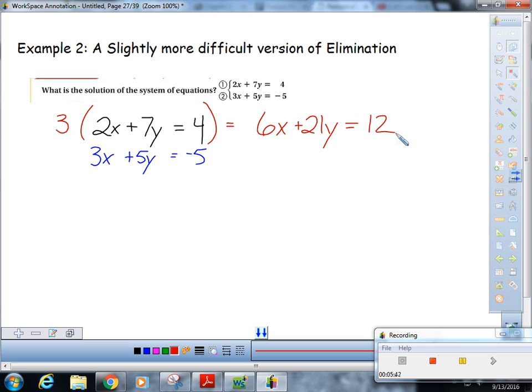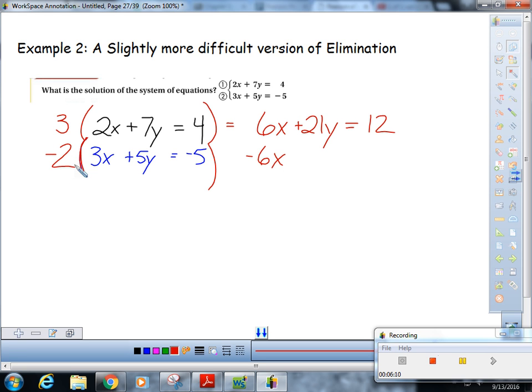equals 12, okay? Well, if I take this one and multiply it, what would I want to multiply this one by so that it would be easy for me to use the elimination method? Well, I'd like for x to be negative 6x, right? What would I have to multiply this by for my 3x to become negative 6x?